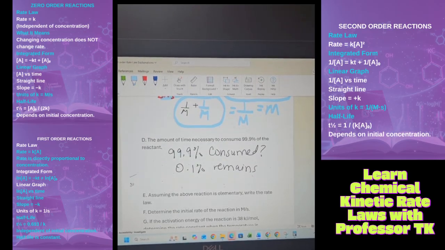Right here, you're going to have to change the 0.1% to a decimal. Unless you know how to use a percent key, you're just dividing that by 100. 0.1% divided by 100 gives you 0.001.